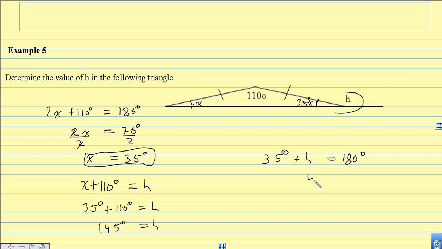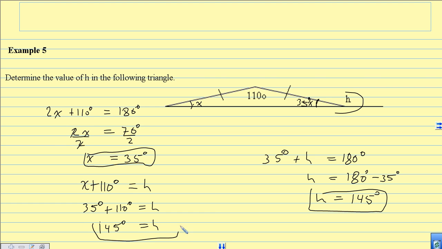So h would be equal to 180 degrees minus 35 degrees, and that's 145 degrees. h equals 145 degrees.